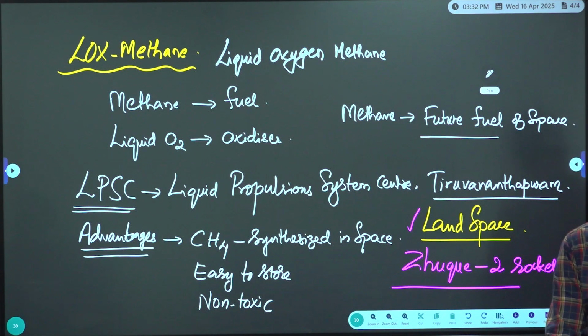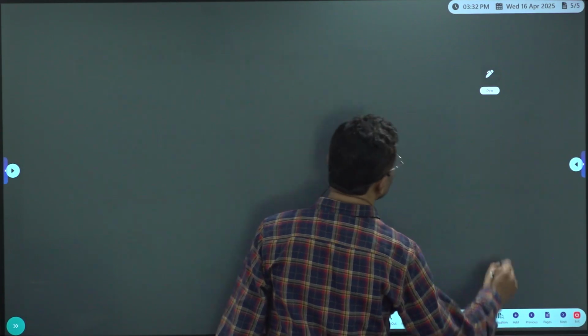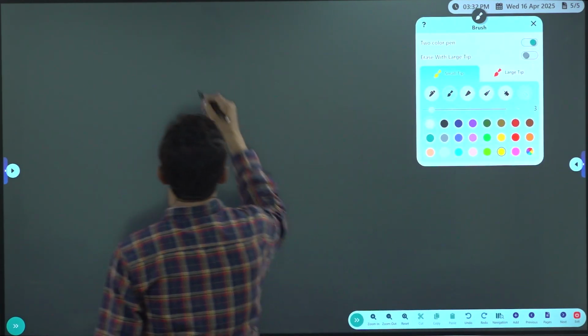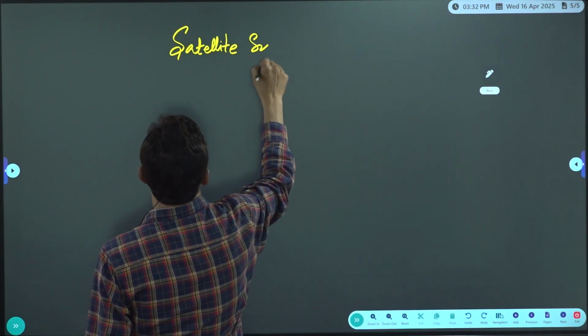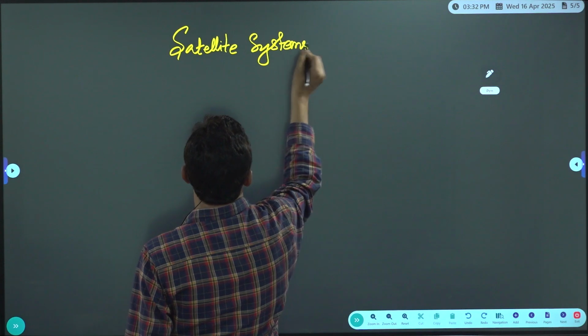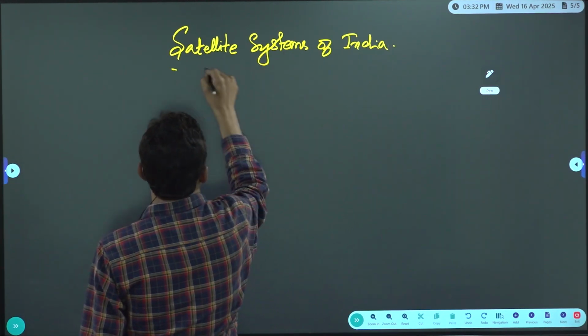Next, satellite systems of India. Actually, ISRO has developed various types of satellite systems.